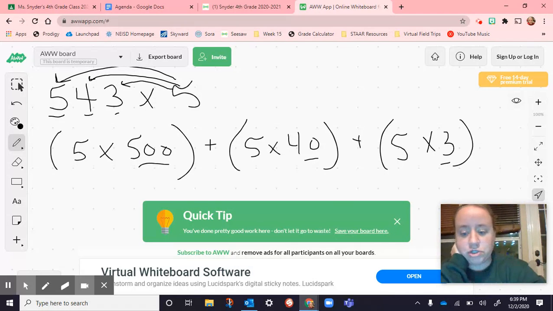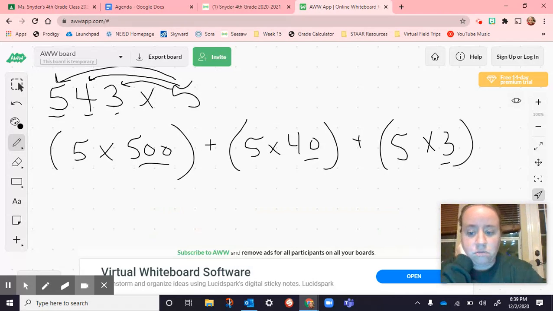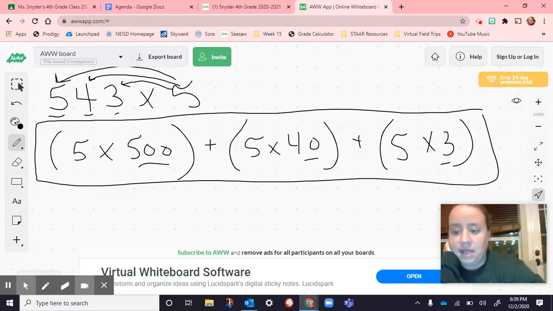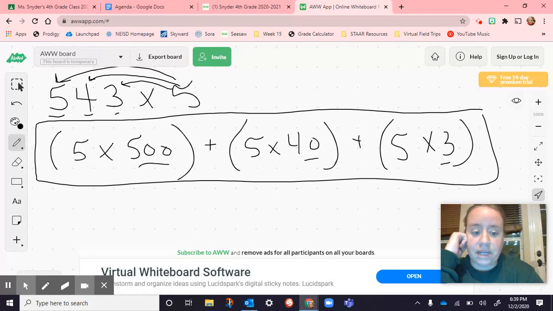So the distributive property would look like this here. And sometimes that's the actual answer. Sometimes they'll just want you to recognize that this is what this equals. And so you won't actually have to get your product, which is your answer here. You'll just have to recognize that property.